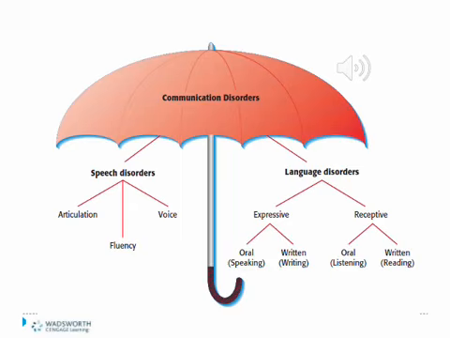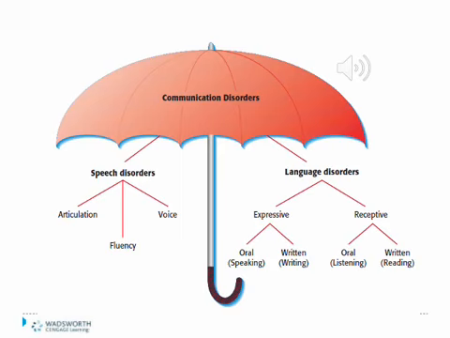In terms of fluency disorders, we're looking at interruptions in the flow of speaking. The most common fluency disorder is stuttering. And stuttering is basically excessive repetition of sounds, syllables, and words, and sometimes sound prolongations, sometimes pauses.